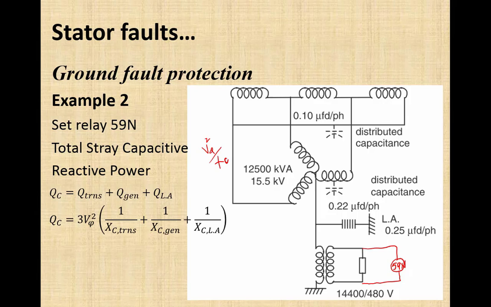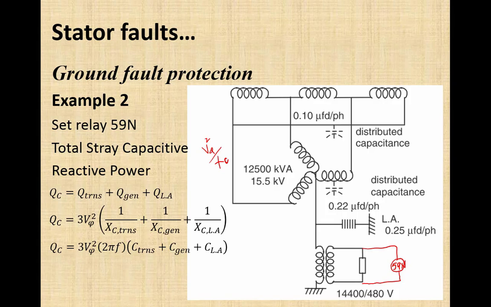Next, we know that capacitive reactance will be 1 over 2 pi F C and its reciprocal will become 2 pi F C. So that 2 pi F has been taken common, and this is the formula to calculate QC. That is 3 into V phase squared into 2 pi F into the stray capacitance of transformer plus stray capacitance of generator plus stray capacitance of lightning arrestor per phase.